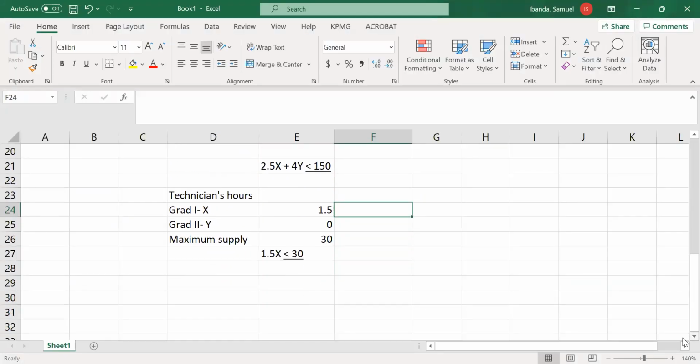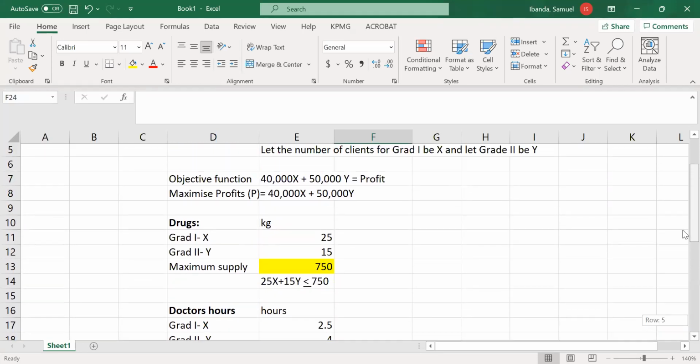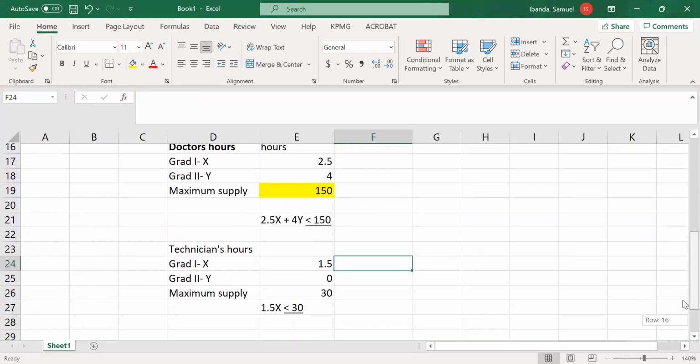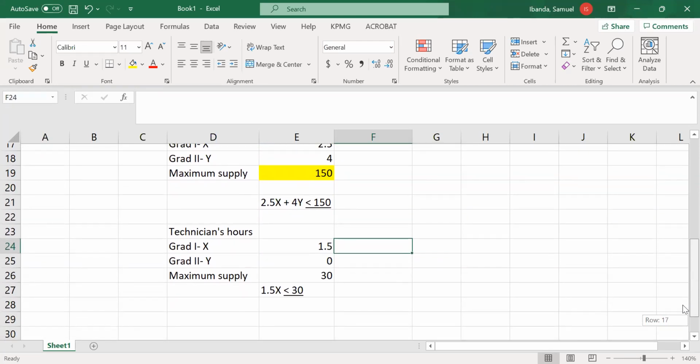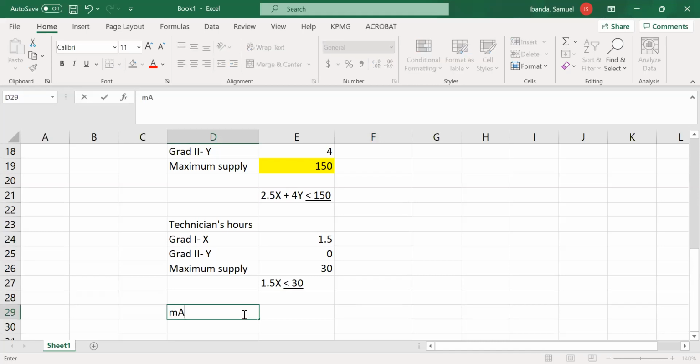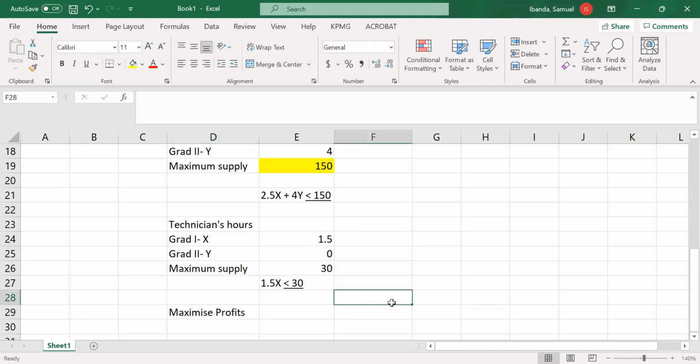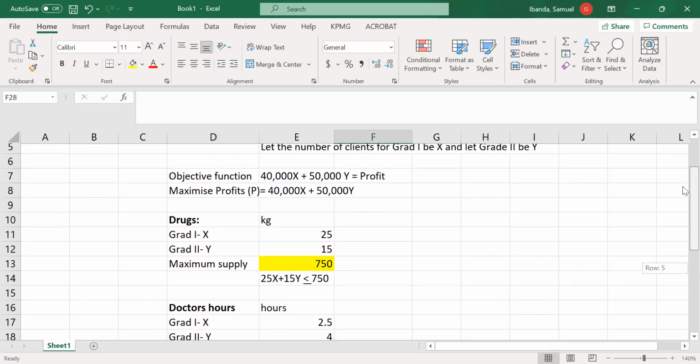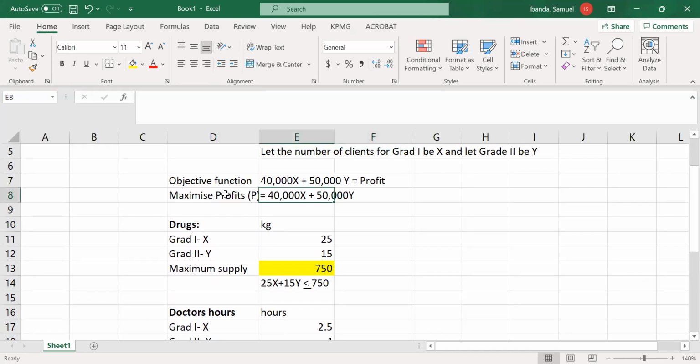After determining our functions, we want to arrange them and then determine our different X and Y. Basically what we're trying to do is maximize profits. So this is the function.